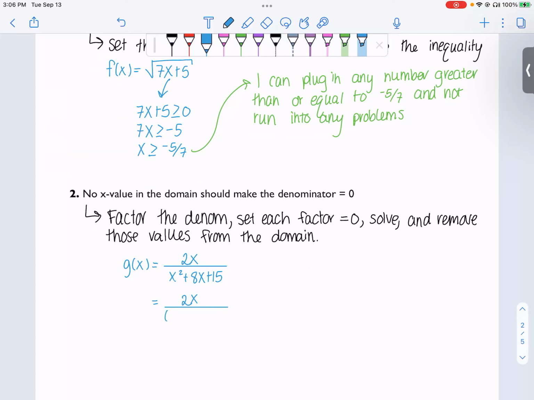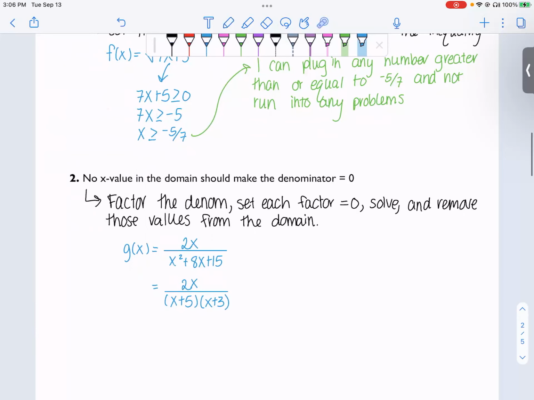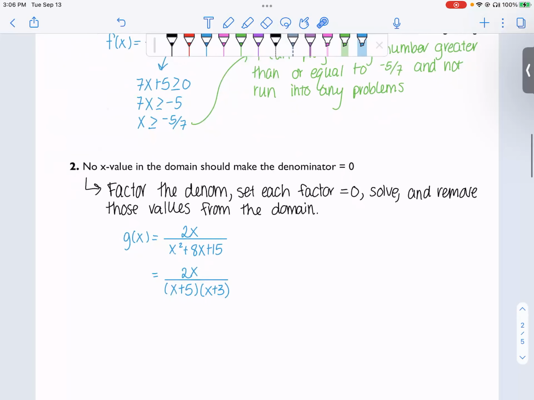So x squared plus 8x plus 15 factors into x plus 5 times x plus 3. When we do this, this helps us see what values will make the denominator 0, because the only values that will make this denominator 0 are the values that make either one of these factors equal to 0.